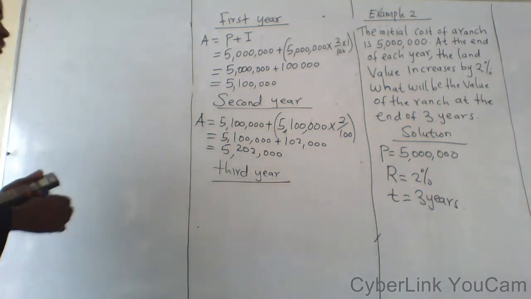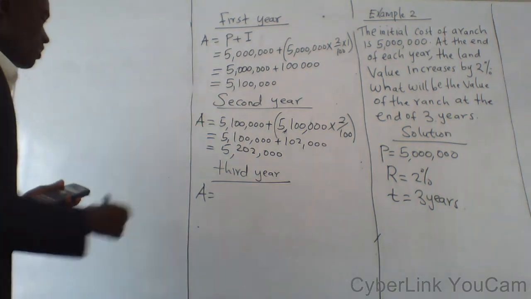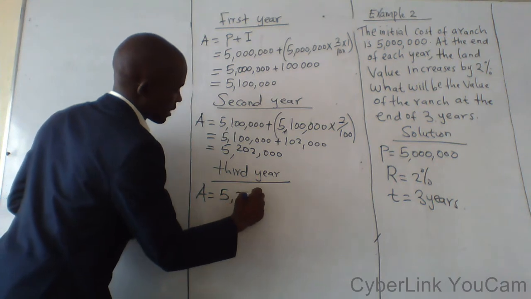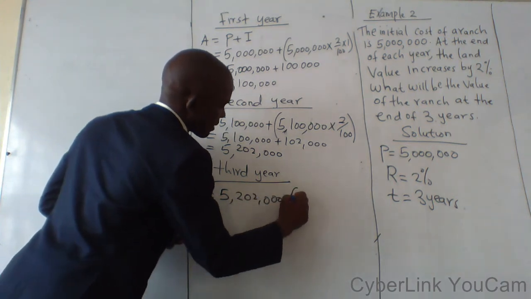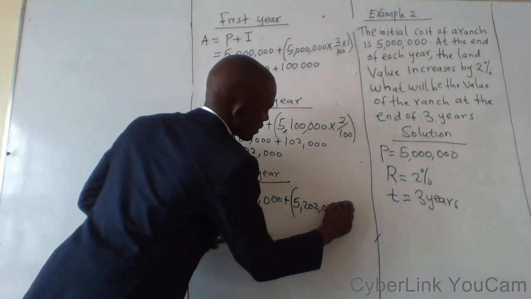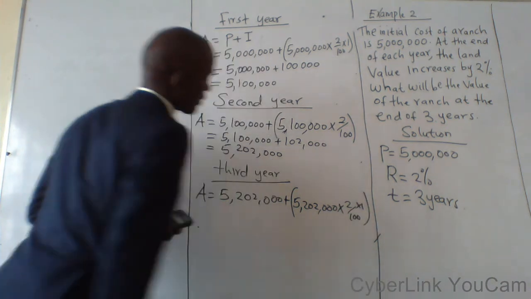In the third year, our amount will be equal to the principal. Remember, the principal is the current figure, which is 5,202,000 plus, in brackets, 5,202,000 times 2% times 1.